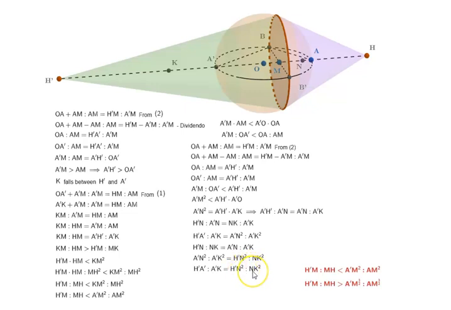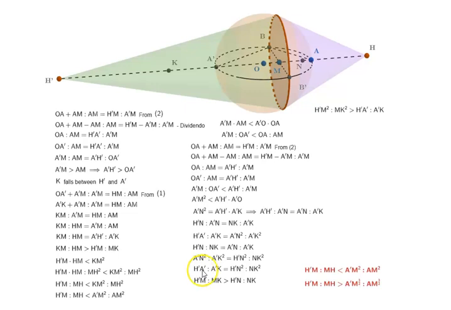So we have done the substitution. H'm is to mk is greater than H'n is to nk. Now squaring both sides of this inequality, we get H'm square is to mk square is greater than H'n square is to nk square.